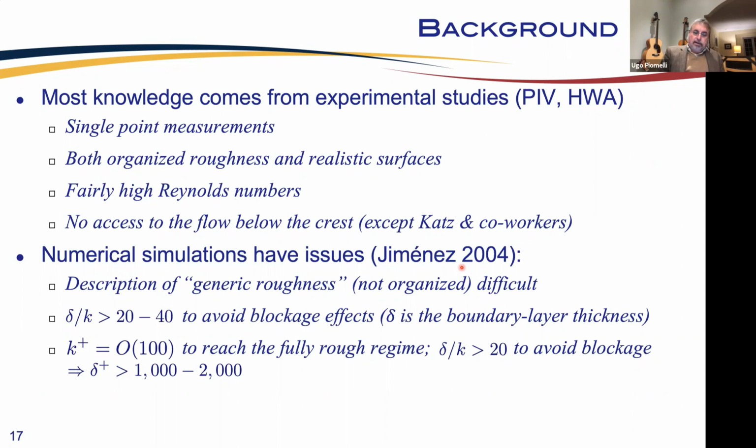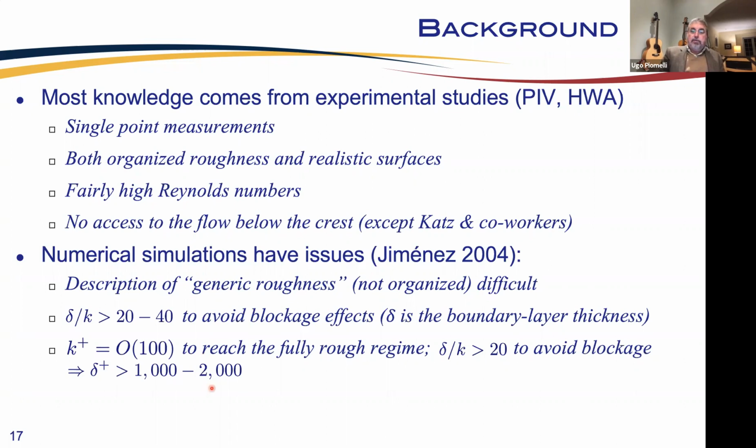And thirdly, if you want to reach the fully rough regime, then K plus, the roughness height in wall units, K U tau over nu, must be order 100. Now, if K plus is order 100 and delta over K is greater than 20, that means that delta plus must be 1000, 2000, something like that.